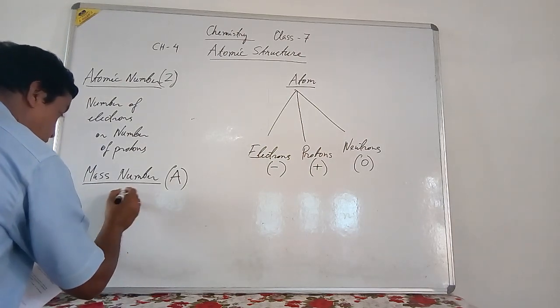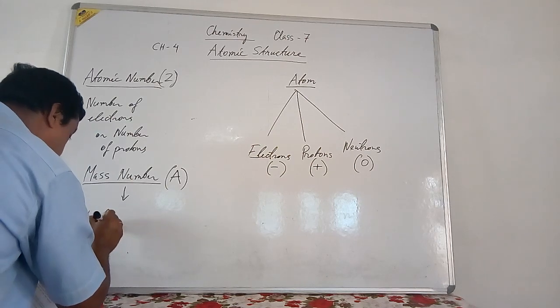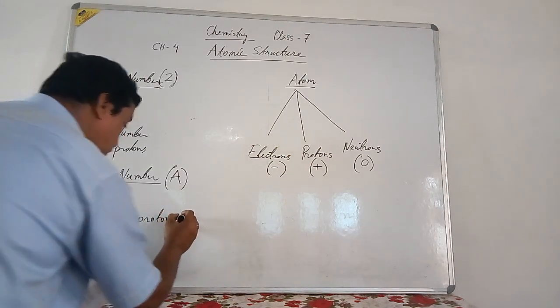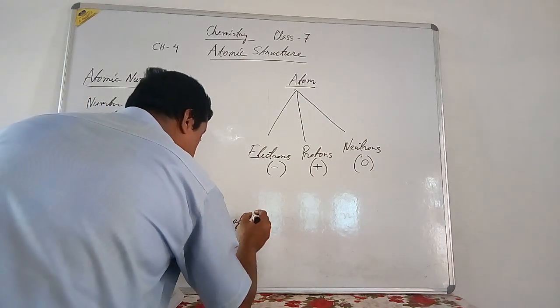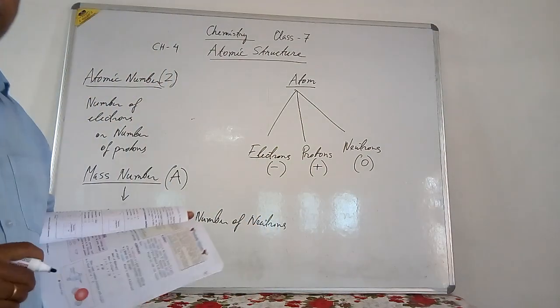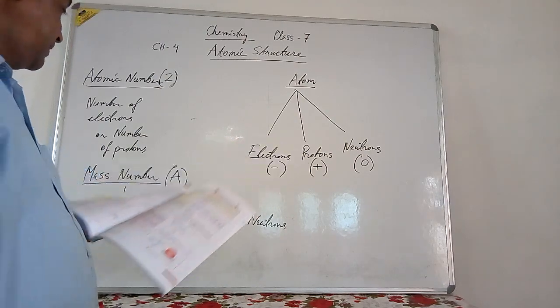So it is the total number of protons plus number of neutrons inside the nucleus. So that is about the mass number.